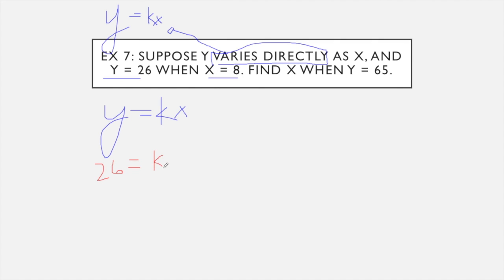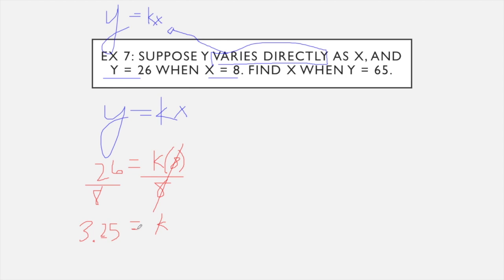And we don't know k, but x is 8. So we have 8k equals 26. So we can divide both sides by 8. And we'll find that k equals 3.25.